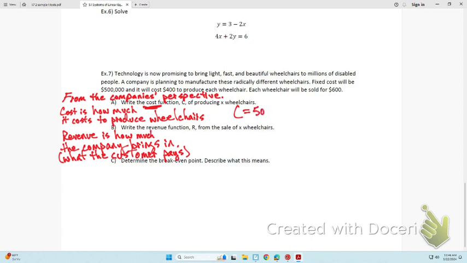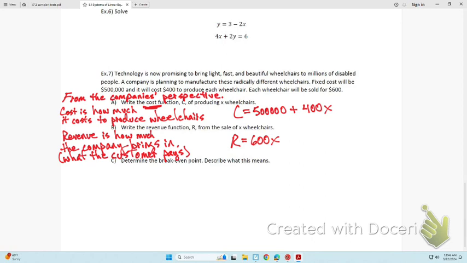So they have to pay $500,000 to start plus $400 a chair. That's how much they have to spend. Now they want to make a profit. They're not just giving away these wheelchairs. So they do want to make a profit, or else why are they even in business? So they're going to charge the customer $600 per wheelchair. And that's our cost and revenue functions.